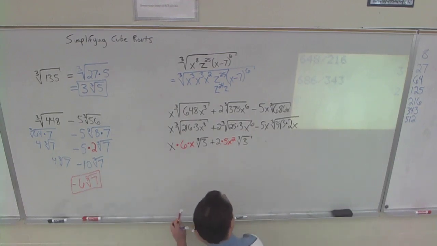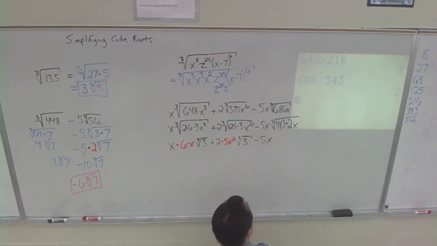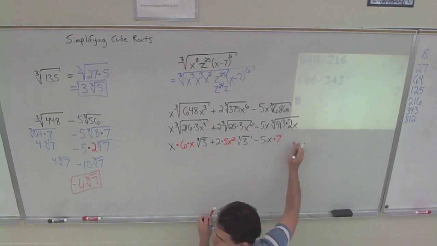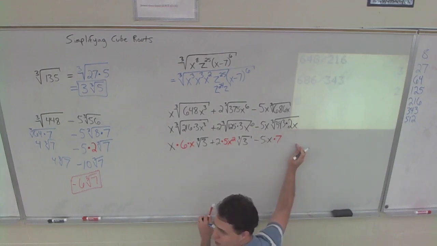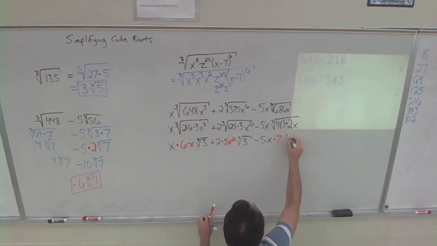And then this one, minus 5, there's an x outside, cube root of 343. Go back and look at your list, that comes out as 7. And I think these are stuck, or they're going to be coming out. Are they cubic or not? Clearly not, that's just x, just 1. So those are both stuck.